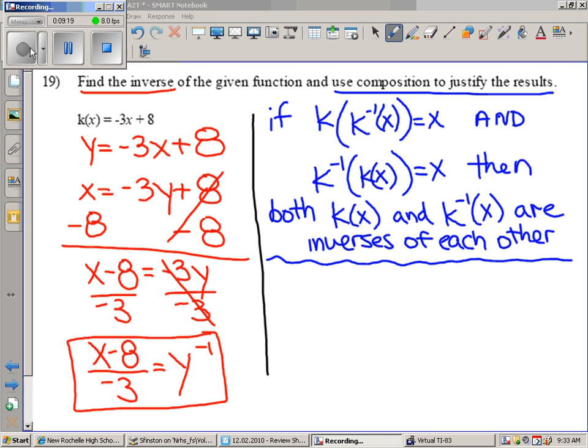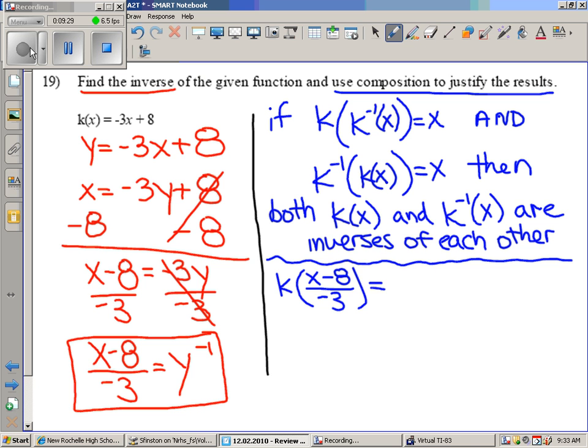So, k with the inverse subbed into it, x minus 8 over negative 3. What does that equal? Well, that's negative 3 times x minus 8 over negative 3, close the parentheses, plus 8.